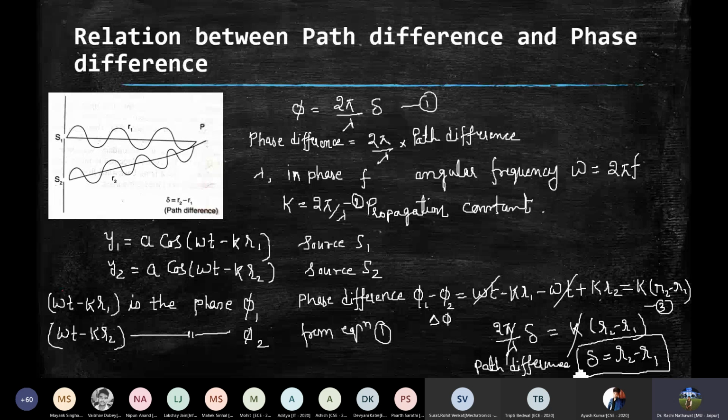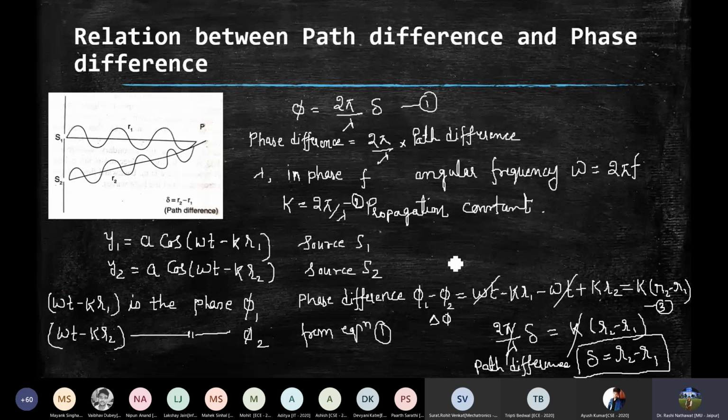We will elaborate on it more in the double slit experiment. We will plot a tangent, play with some trigonometry, and find the path difference in the next slide.